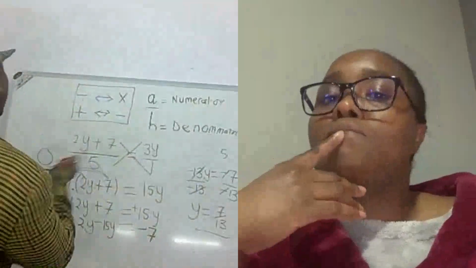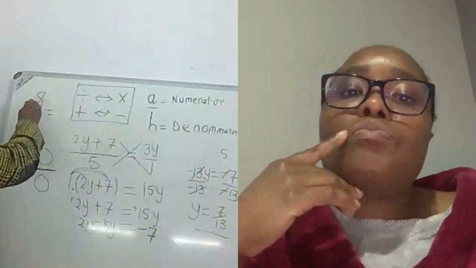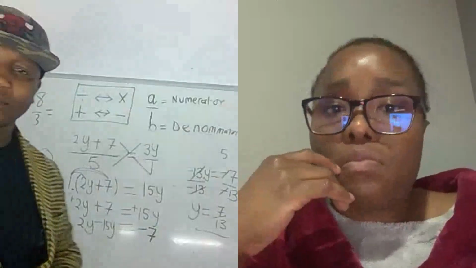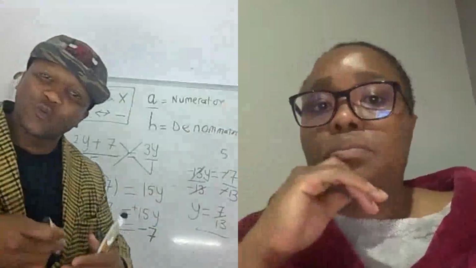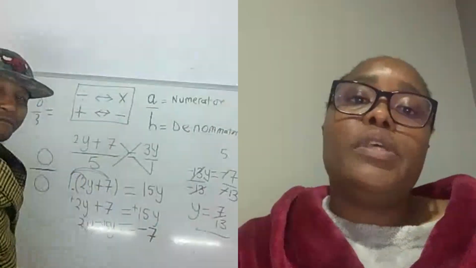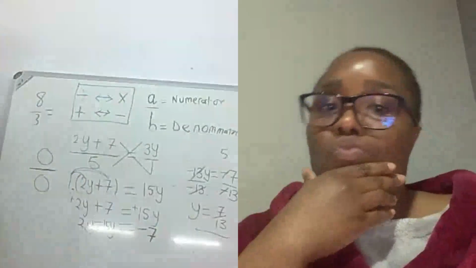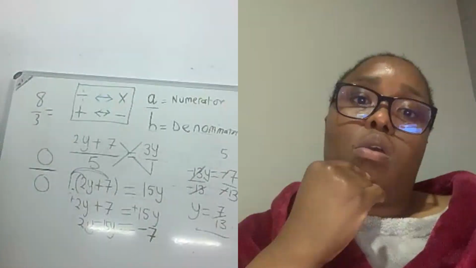For example, somebody gives you 8 over 3. Is this proper or improper? This one is improper. Then we have to change it to mixed. Now tell me how we're going to do it.